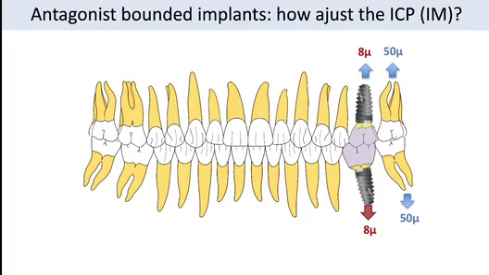If you have natural teeth here, with antagonist implants, you can think about a little difference of adjustment between natural teeth and implant, because there is a difference of viscoelasticity to absorb the force.